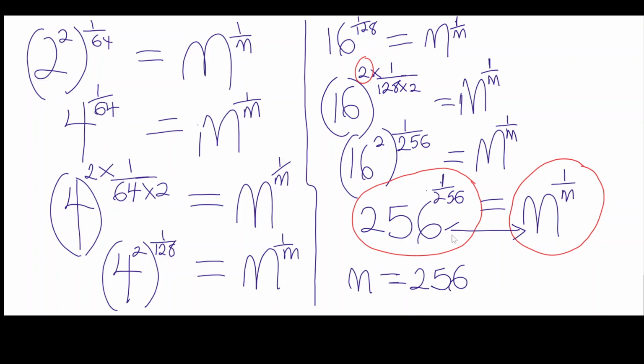Base m is the same thing as base 256, and at the same time 1 over 256 is the same thing as 1 over m, because 256 here is also the same thing as m that we have as the power there. So it's easy to conclude now that m equals 256, and that's the final answer.